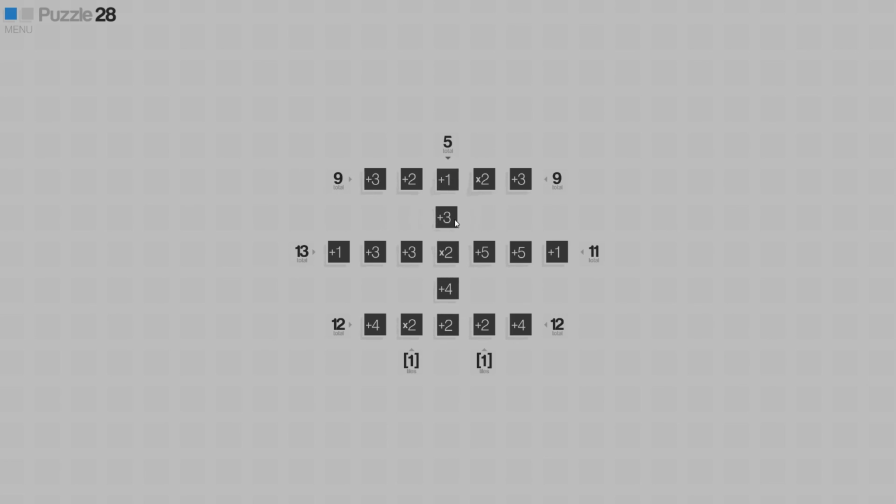Oh yeah, the plus 3. I think the plus 3 is impossible to be used. I think we can remove that, because if you had the plus 3 here, oh no, it's 2 plus 3, that works. 4 plus 1. There are multiple ways to solve this.